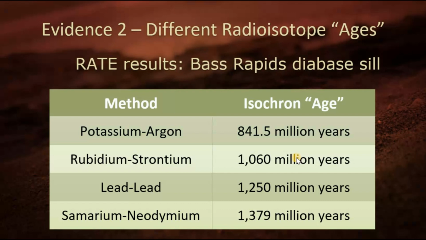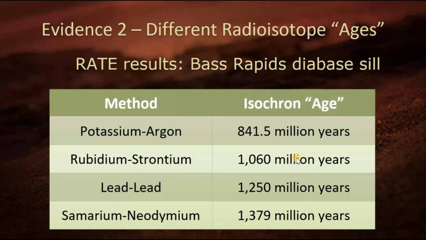They did the potassium-argon, and the test of the rocks came back 841.5 million years old. They used the rubidium-strontium technique. It came back 1,060 million years old. The uranium-lead came back at 1,250 million years old, and the samarium-neodymium came back 1,379 million years old.